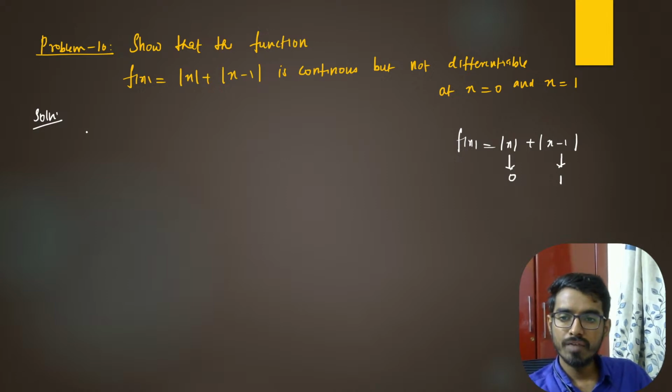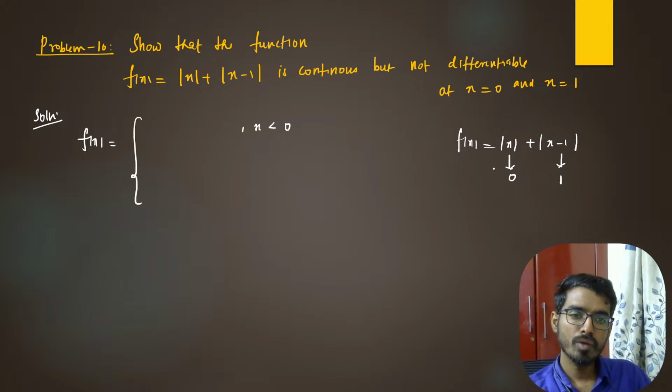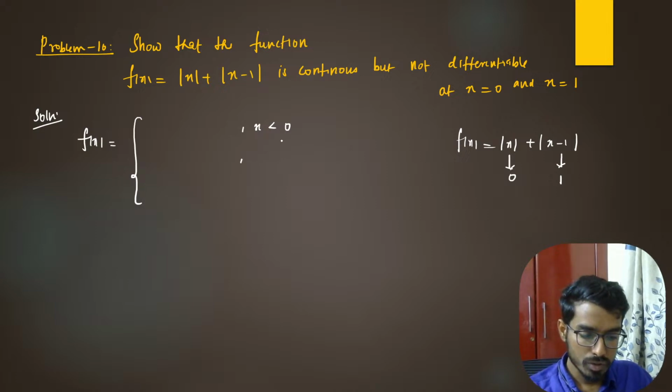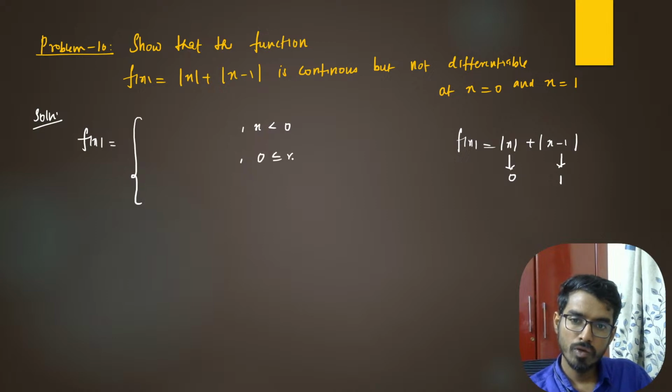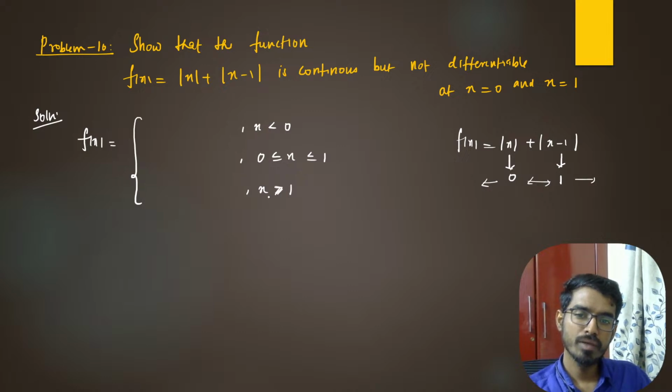Now you have to redefine the function as f of x is equal to, when x is less than 0, you have to redefine one function. When x belongs to 0 to 1, you have to redefine one function, right? So with less than 0, 0 to 1, greater than 1, you have to redefine one function, right?